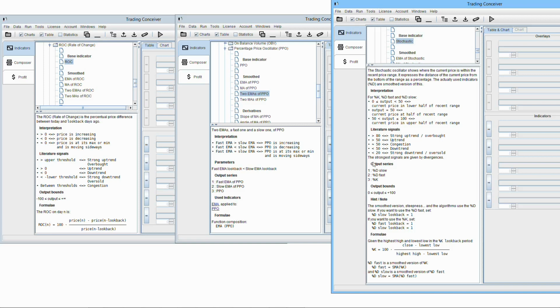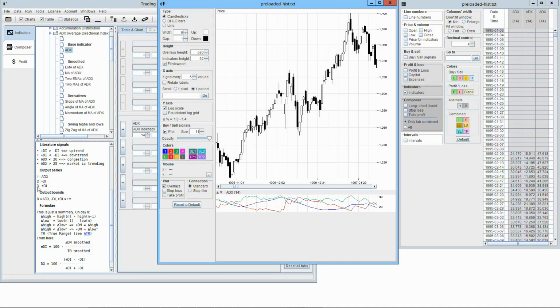In those cases, usually the list of series is reported here. When it is obvious what the output series are, even if multiple, nothing is reported here, for instance in channels, bands, indicators. The ordinal number of the series is also meaningful, for instance because it determines the color in the charts or the relative position in the table.